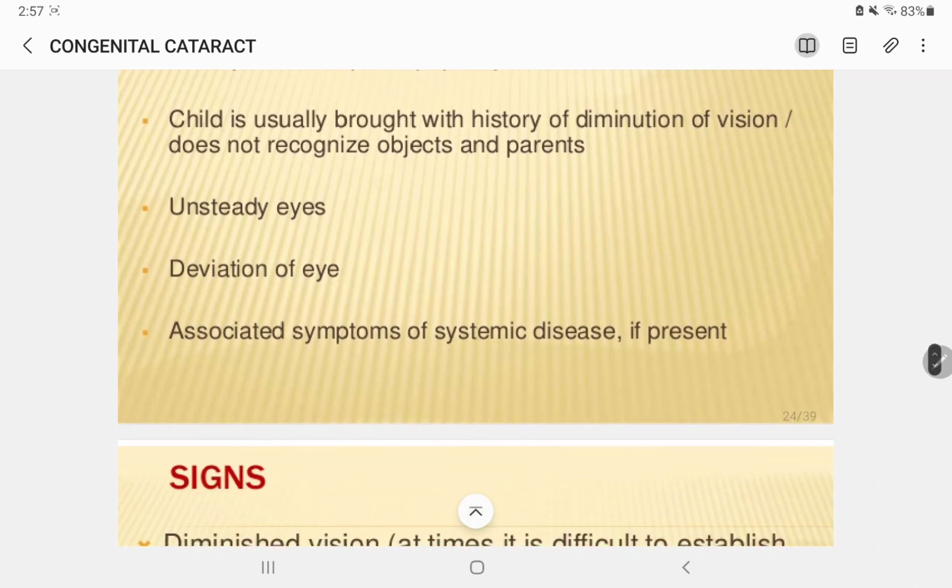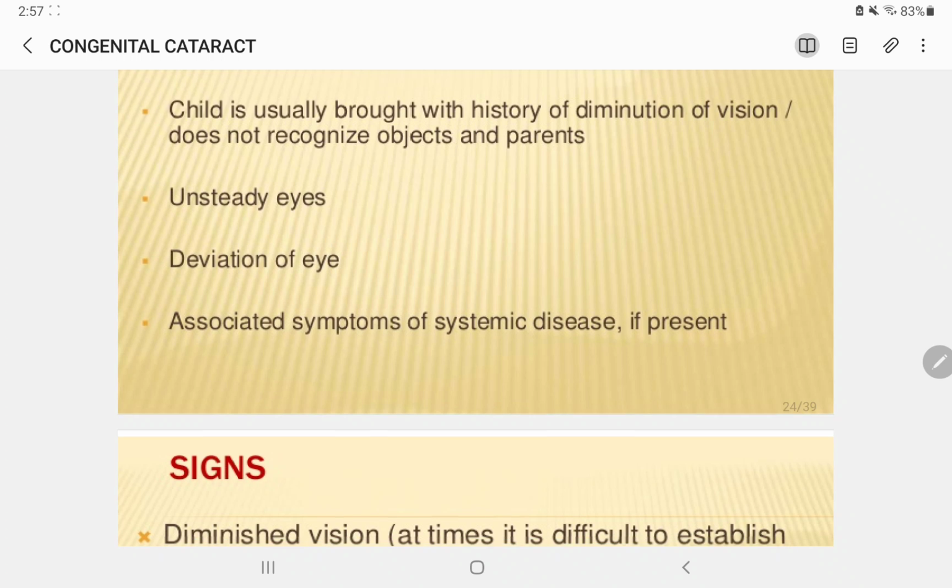The parents also inform about the history of an unsteady eye and deviation of one eye. It is due to the strabismus. We will know about it in the topic amblyopia and strabismus.